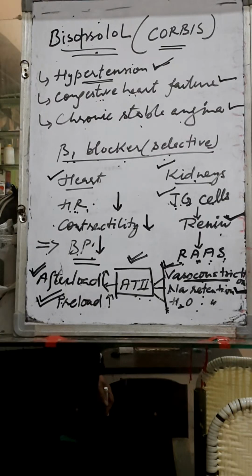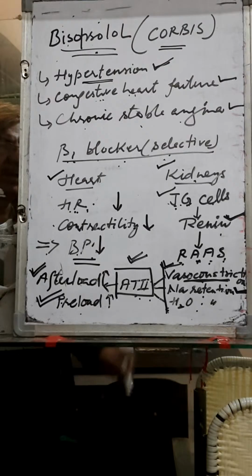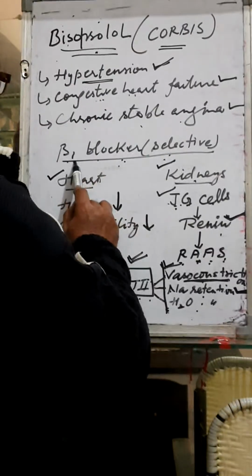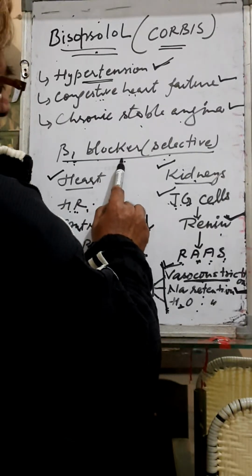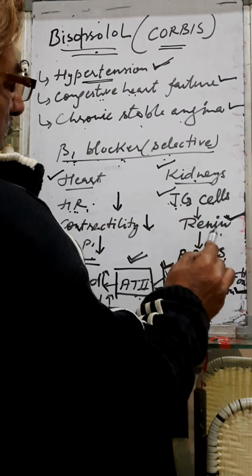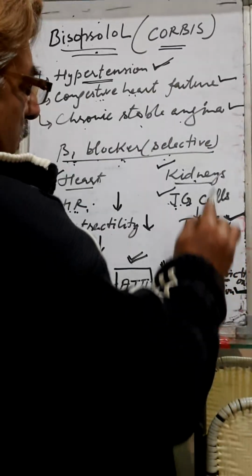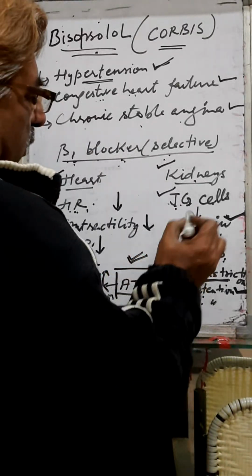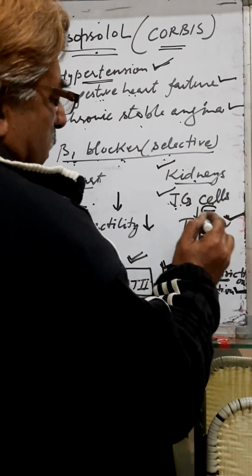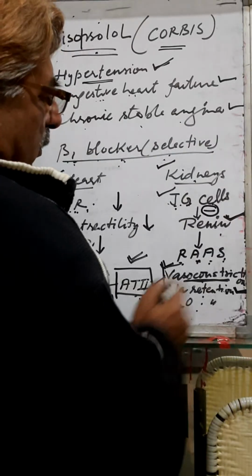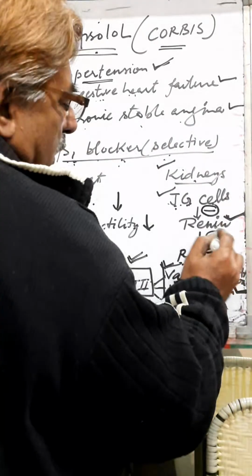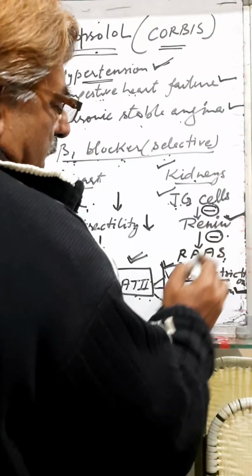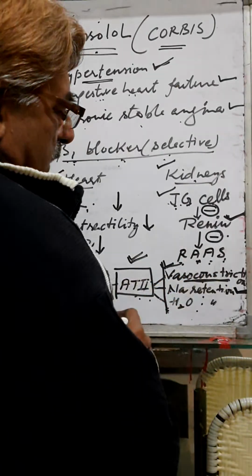So now you can understand, when this beta 1 blocker is given, the action of the beta 1 blocker will prevent all these. It will inhibit the secretion of renin. This system will not be activated, and there will be no vasoconstriction.